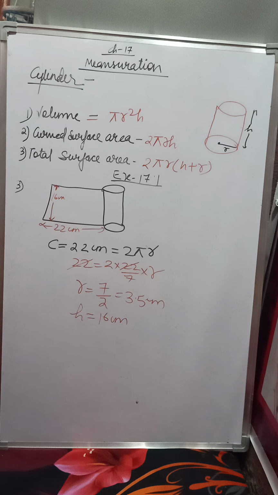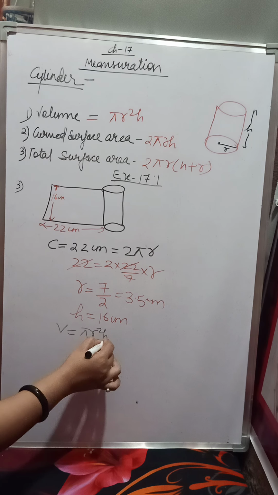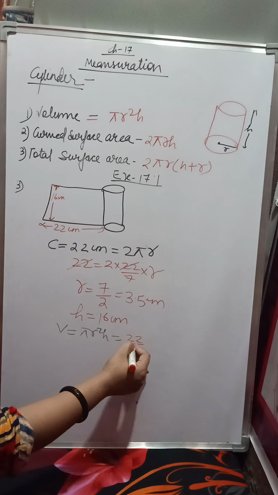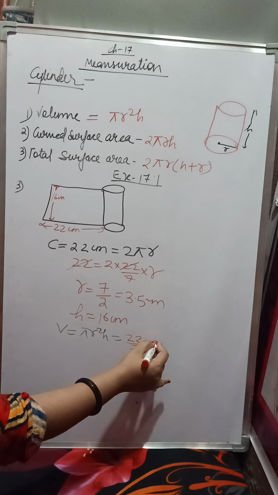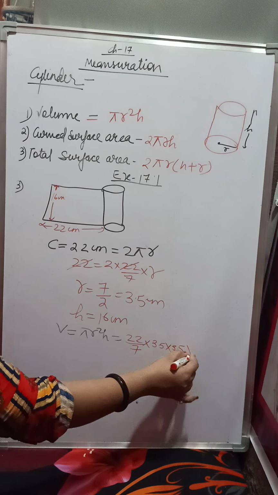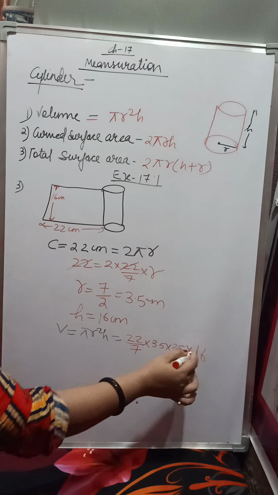As we all know, volume of the cylinder is equal to pi r square h. Put the values. In place of pi, 22 by 7, r is 3.5 into 3.5, h is 16. Let's simplify.